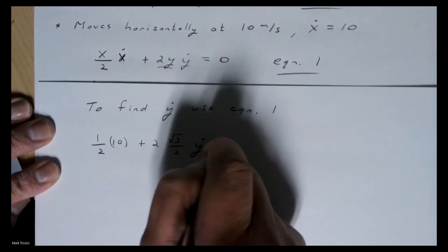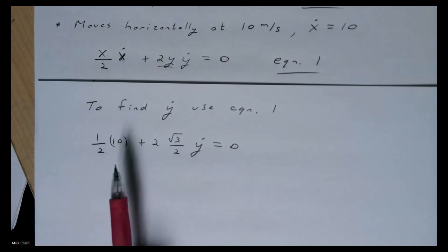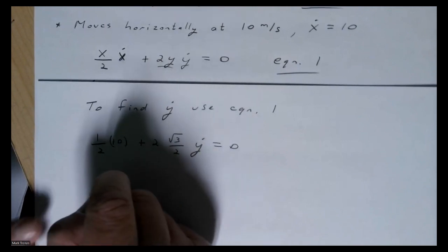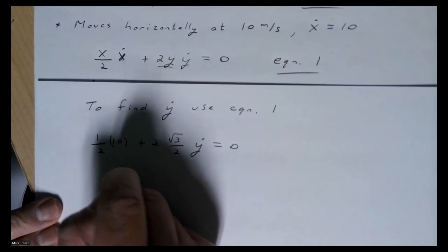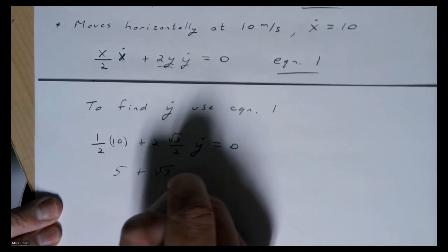And y dot equals 0. And so this is going to be 5. Let's see, these are going to cancel. So let me go one more step here. This will be 5 plus square root of 3.